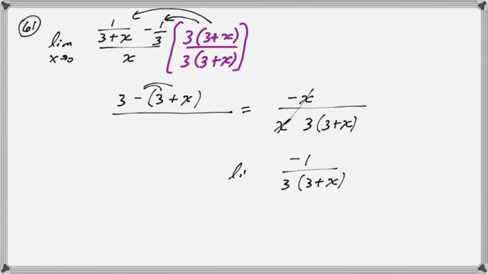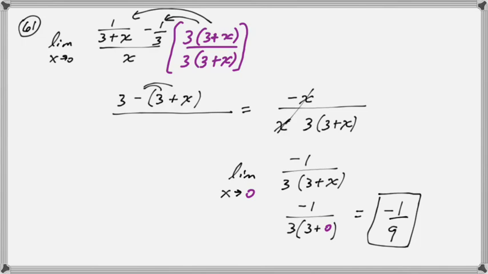I want the limit as x approaches 0. That means that I'm going to replace the x's all with a 0 at this point. And I think I would get a valid answer of -1/9.